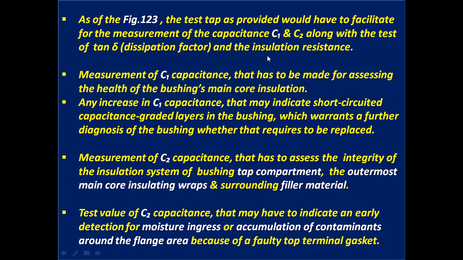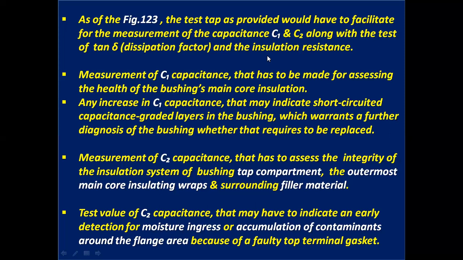Measurement of C1 capacitance has to be made for assessing the health of the bushing main core insulation. Any increase in C1 capacitance may indicate short-circuited capacitance graded layers in the bushing, which warrants further diagnosis of whether the bushing requires to be replaced.